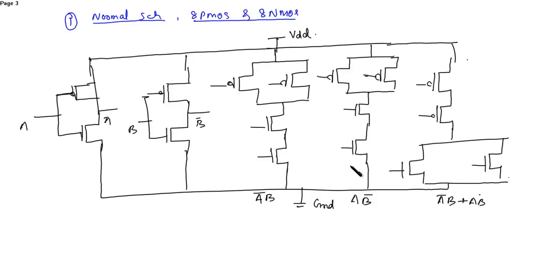Similarly, this is the first input of the first inverter, and the output of the second inverter will act as the input of the second AND, and the outputs of the first and second AND will act as the input of the OR gate. Okay.